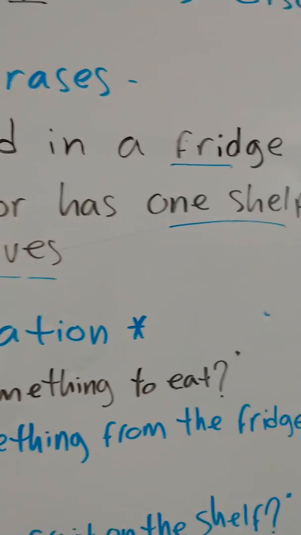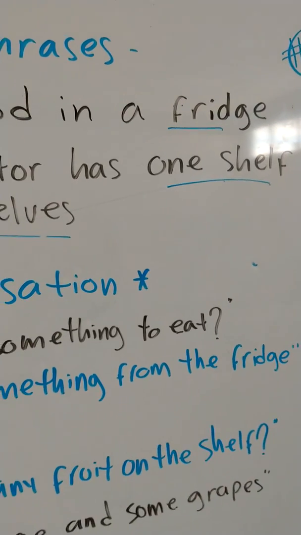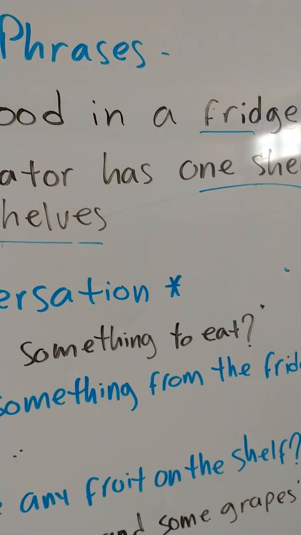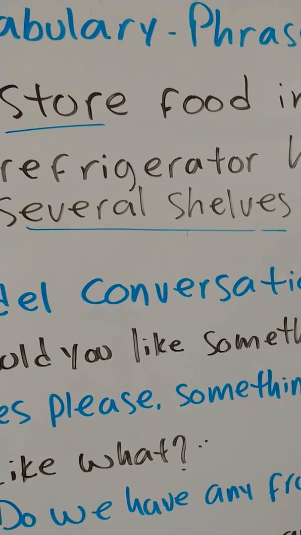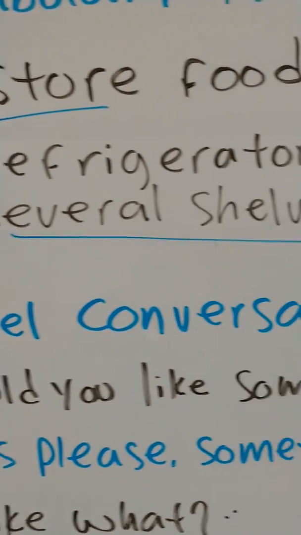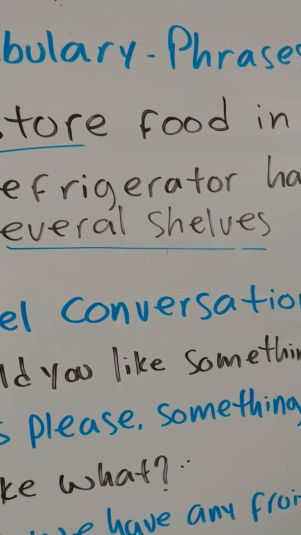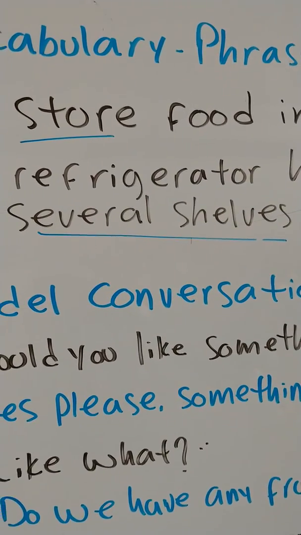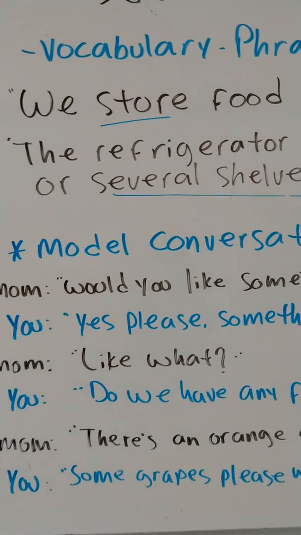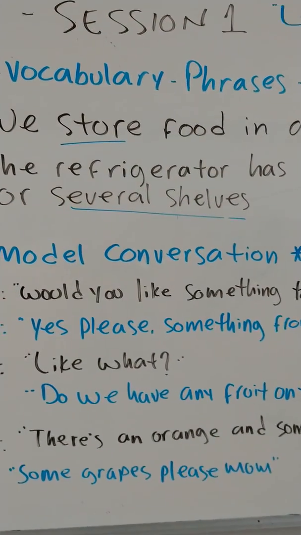A shelf is when you open the refrigerator door and you see a place where you can put the food over, that's a shelf. Big refrigerators have several shelves, the flat surfaces in the refrigerator where you put the food. Okay, so that's only so we can start the topic.